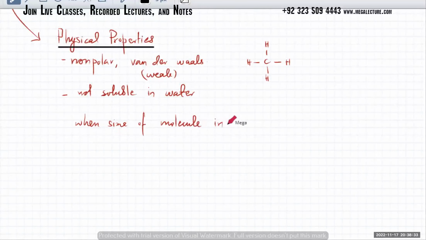Whenever the size of a molecule increases, what happens? You have more van der Waals forces. Bigger molecules will have more temporary dipoles, so there's going to be more attraction, more van der Waals forces, which would result in higher melting and boiling points.